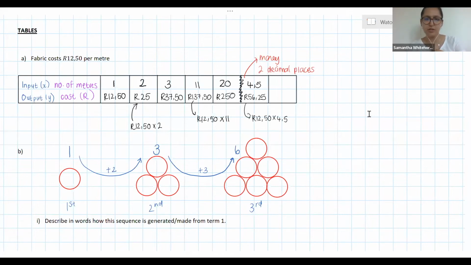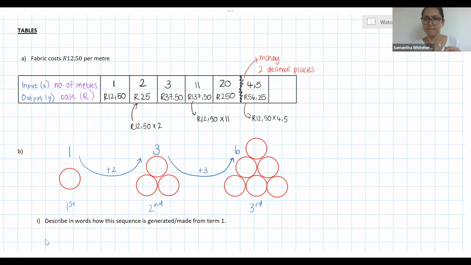Amatle, do you have a question? Hi, ma'am. I do have a question. For I, it says describe in words how the sequence is generated, made from term 1.